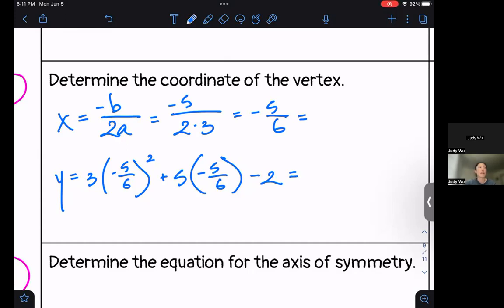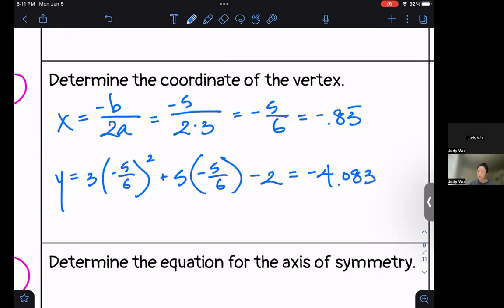Let me go ahead and plug those into the calculator. Let's see what we get. I believe we get negative 0.83-ish and negative 4.083.